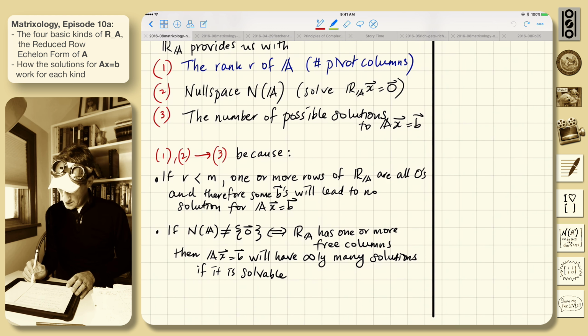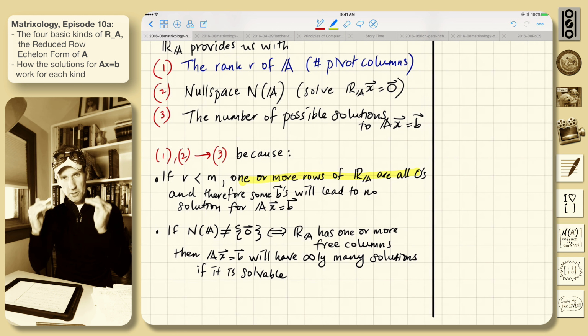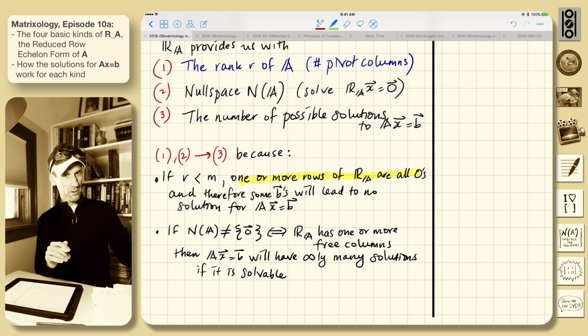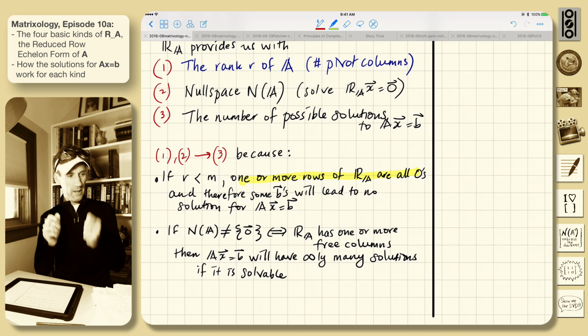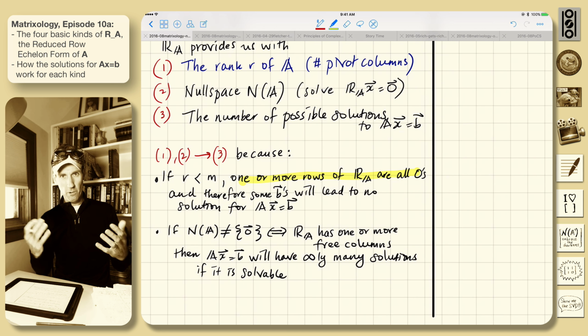All right, so we saw this. If 1 or more rows of the reduced row echelon form is 0, then we can always construct a B such that when you do its row reduction, there's a non-zero value there. So 0 equals something non-zero, so it won't work. So there are no solutions.